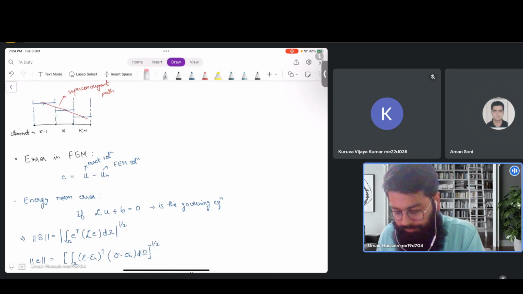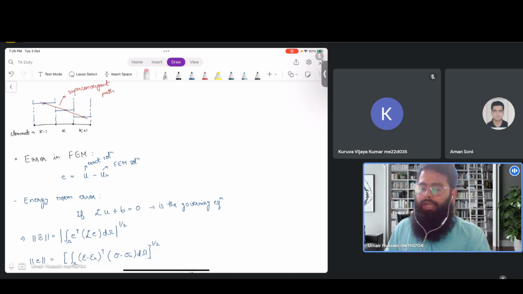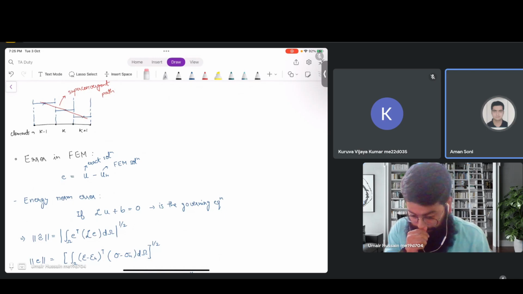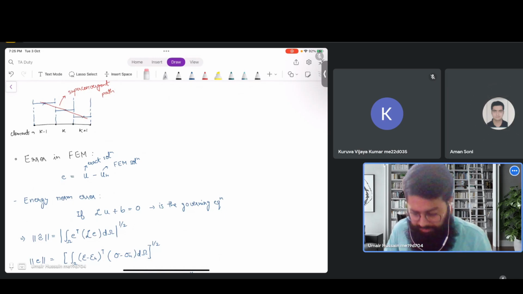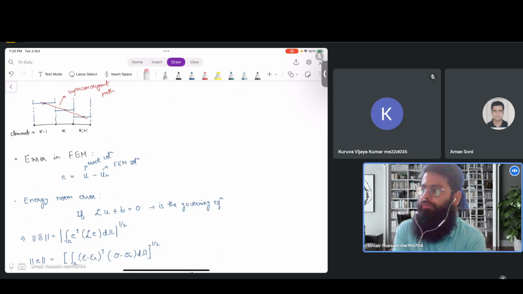So error is basically the difference between the exact solution and the finite element solution. There are a certain number of ways to evaluate this error.